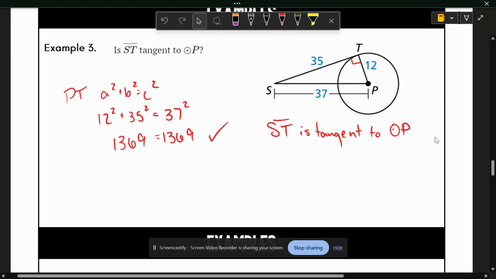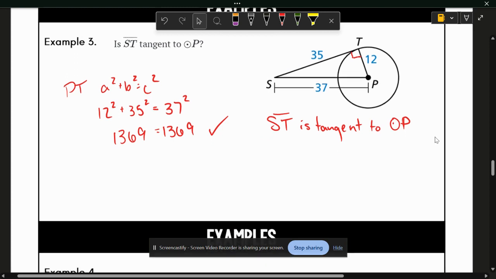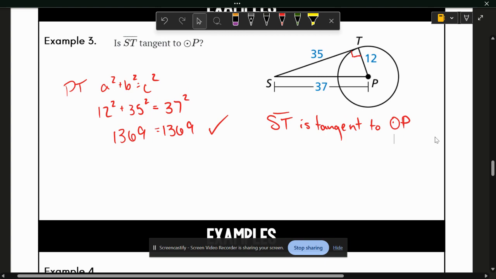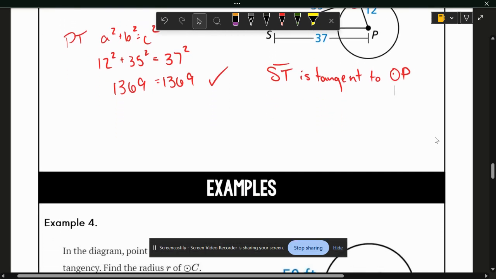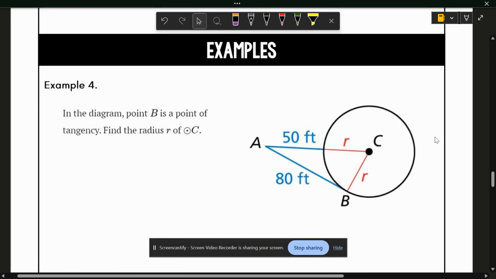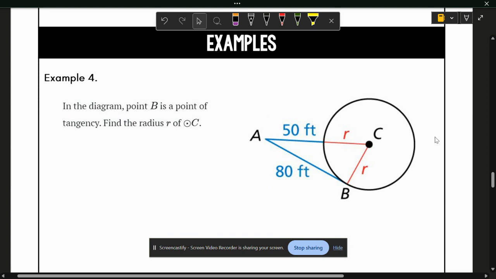The next example, we're going to go back into doing a little bit of the FOIL method or double distribution. Something that you've done in algebra before, but you haven't seen in a little while. It says in the diagram, point B is a point of tangency. Find the radius of C. Radius is always the same length everywhere around the circle, so this is r and this is r. Since it's a point of tangency, this makes a 90-degree angle.